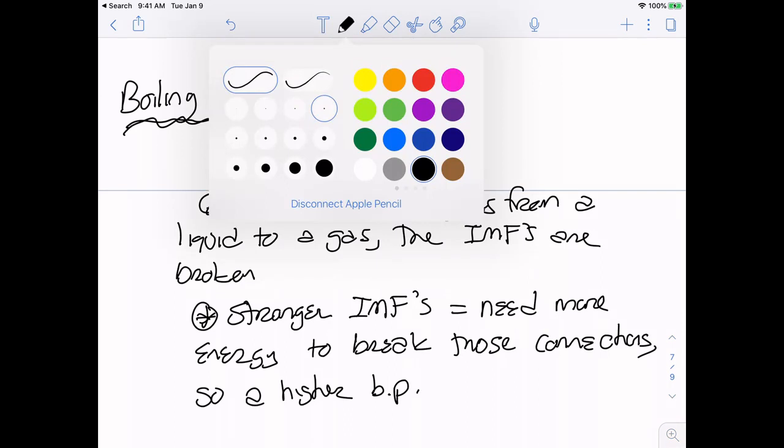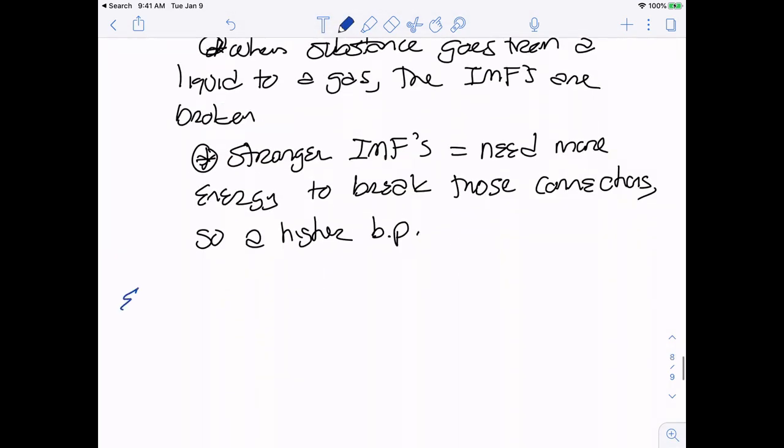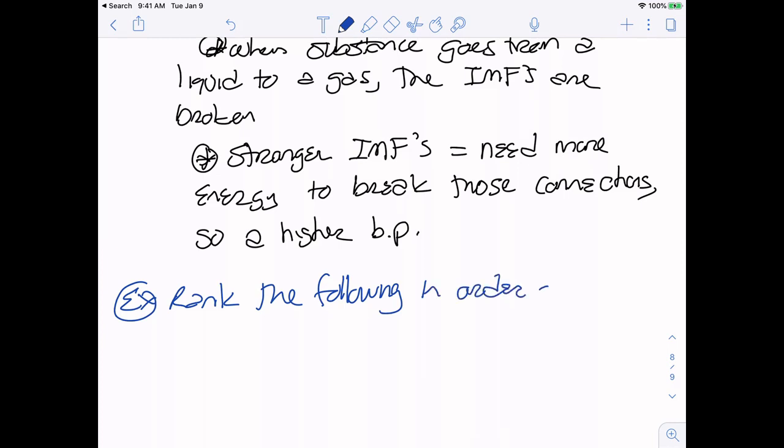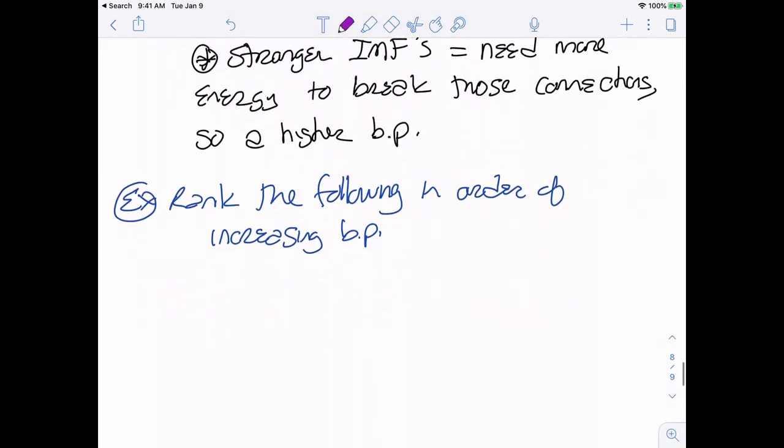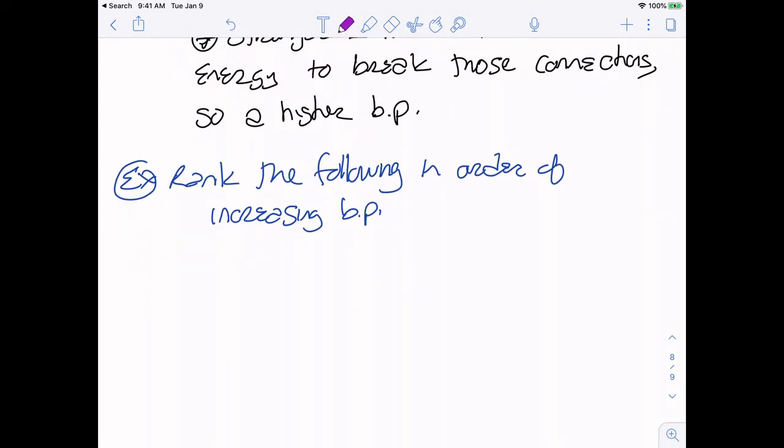So an example for us, we are going to rank the following in order of increasing boiling point. So we want the lowest one first, going to the higher boiling point. So our examples, let's look at, I don't know, C4H10.